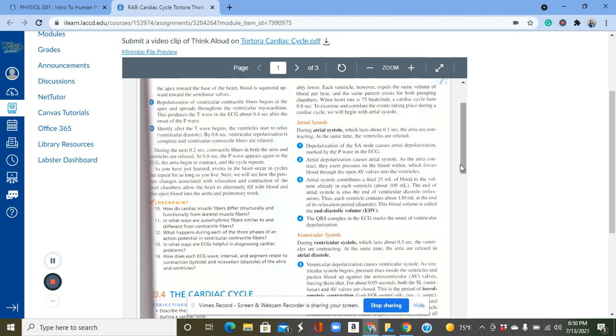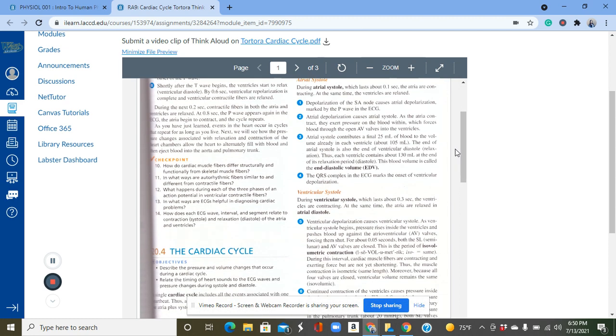The end of the atrial systole is also the end of the ventricular diastole, or relaxation. Thus, each ventricle contains about 130 milliliters at the end of its relaxation period, diastole. This blood volume is called the end diastolic volume, or EDV. And number 4, the QRS complex in the ECG marks the onset of the ventricular depolarization.